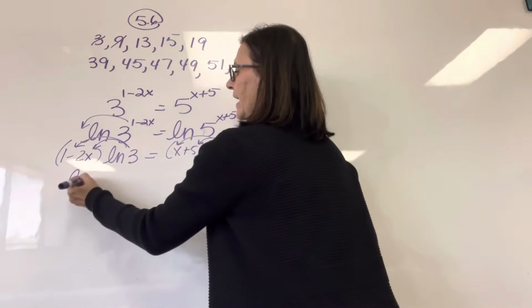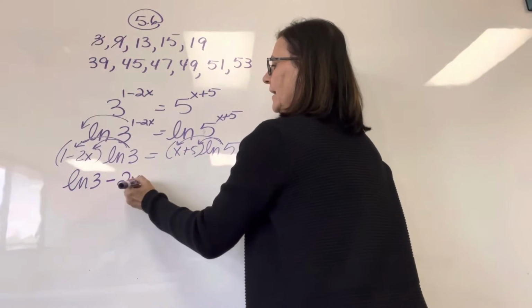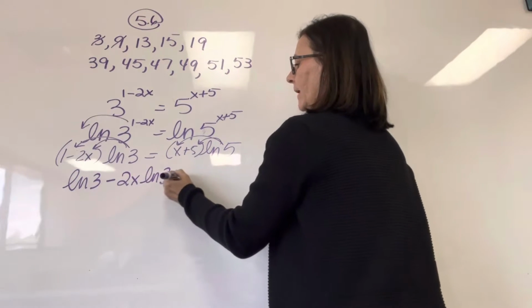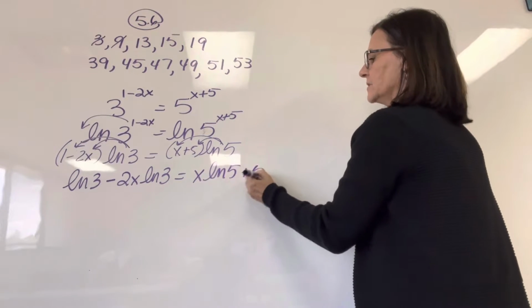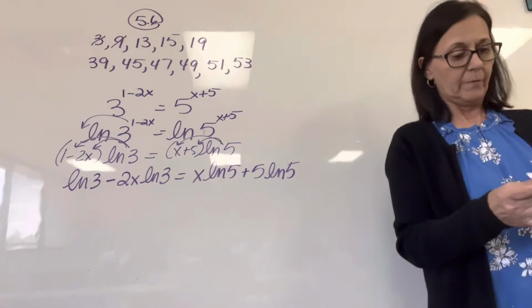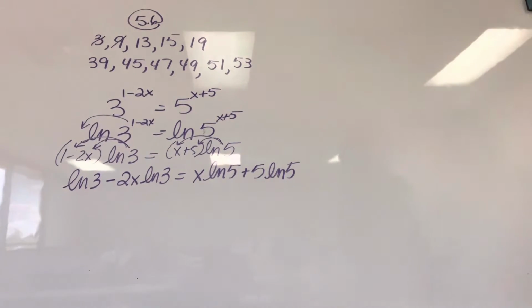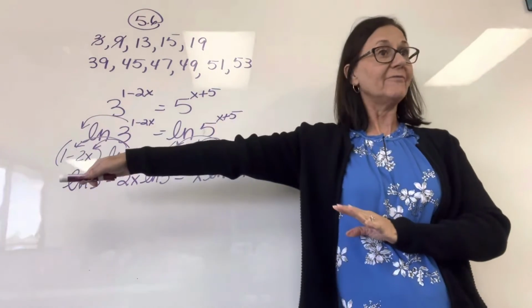All right, so this is the ln of 3 minus 2x ln of 3 equals x ln of 5 plus 5 ln of 5. All right, now what are we going to do? Move every term with a variable in it to the left.